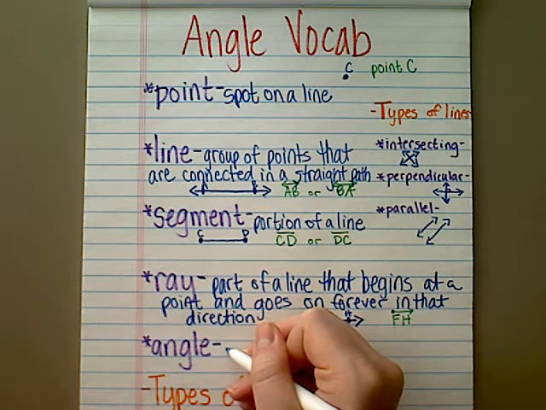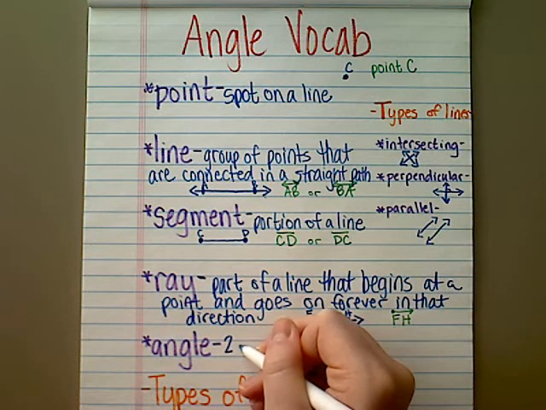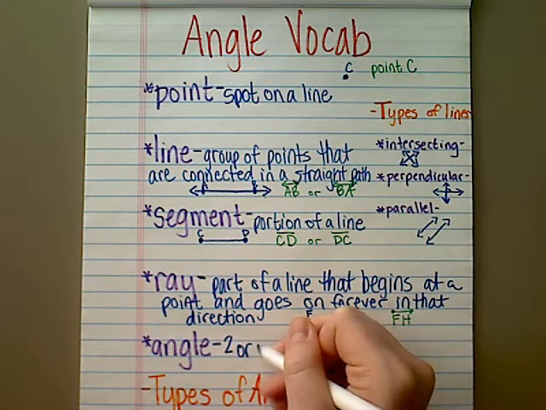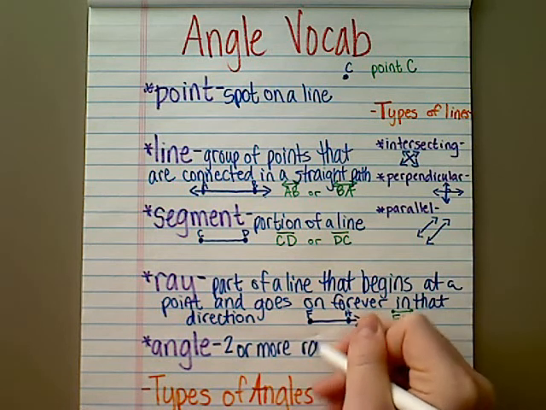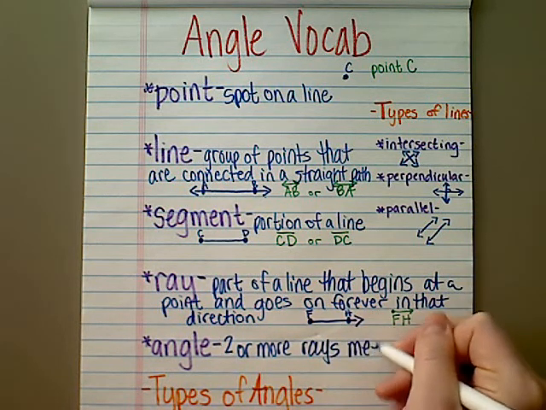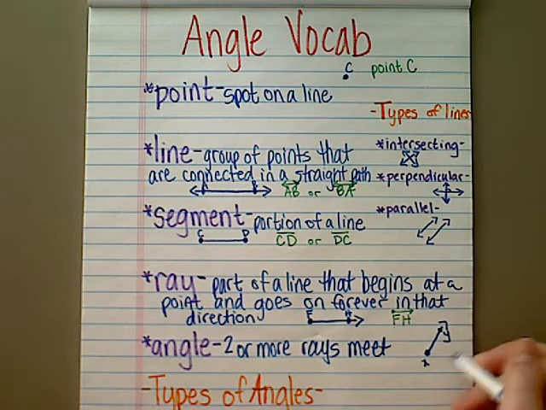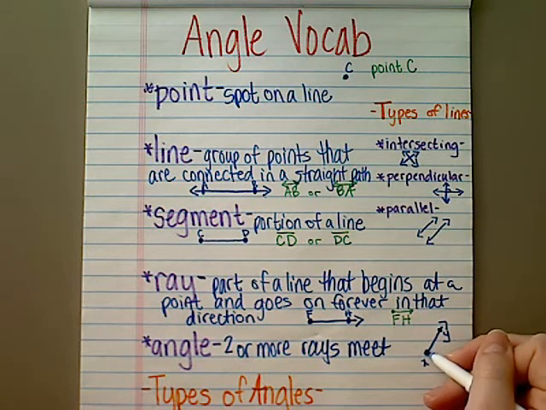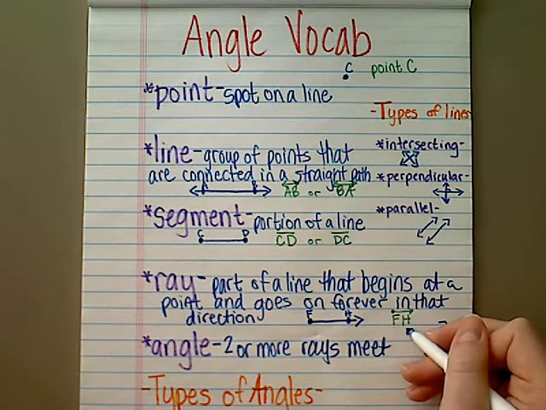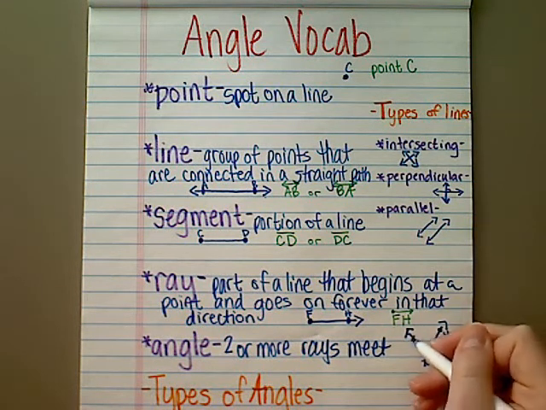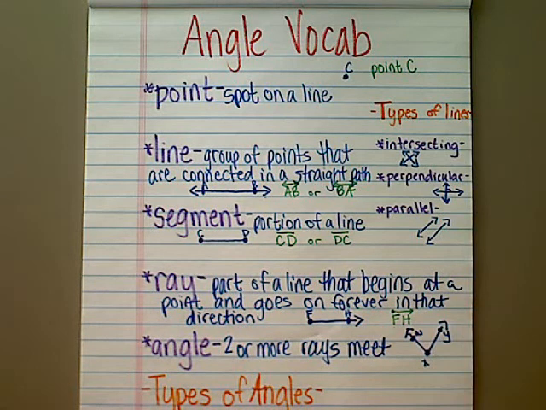An angle is formed when 2 or more rays meet. So here I could have ray, we'll name this X, and this will be Y. So this is ray XY, and it is intersecting with ray XW to create the angle WXY, or we could say YXW.